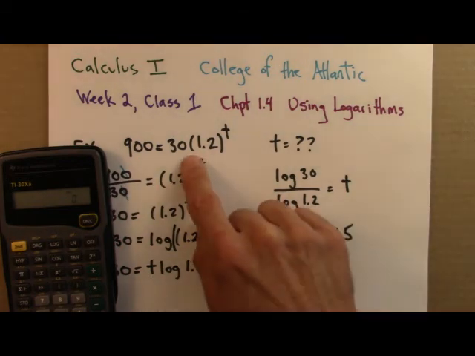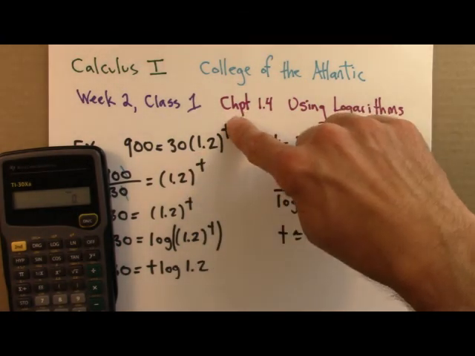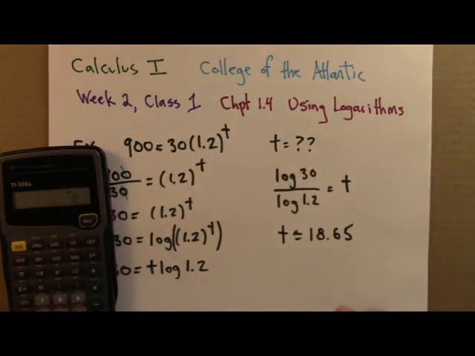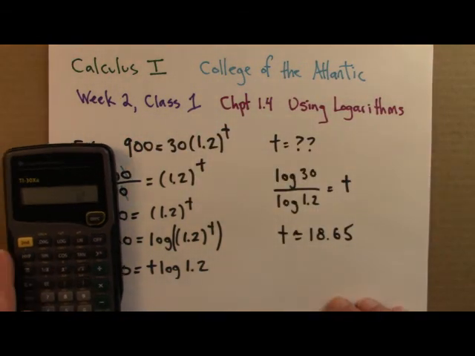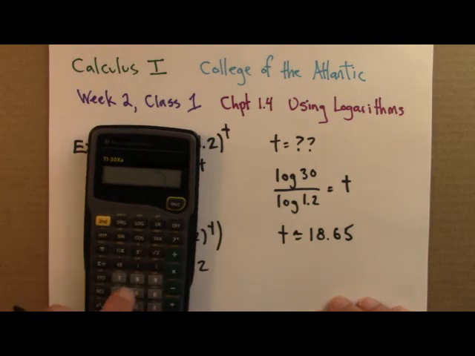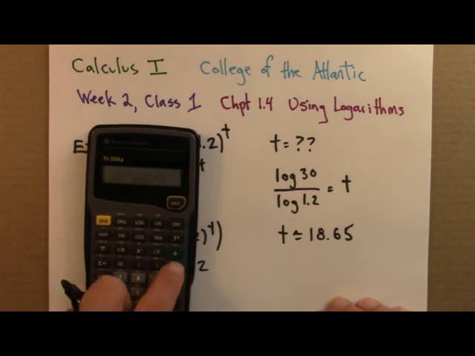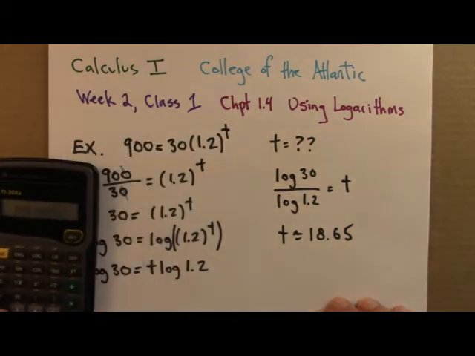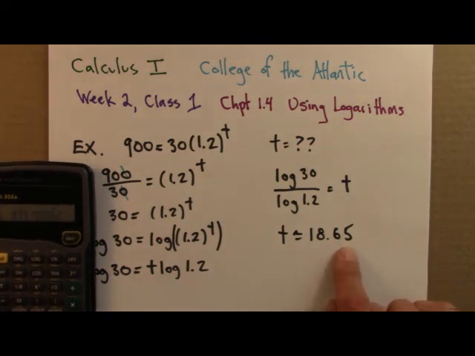If true, this says that 1.2 raised to the 18.65 power times 30 should give me 900, or almost 900. So let's see. So 1.2, working here on my calculator, raised to the 18.65 times 30, this is looking good, is 899.2. So approximately 900. It's not exact, because we rounded this off a little bit. We didn't keep all of the digits.